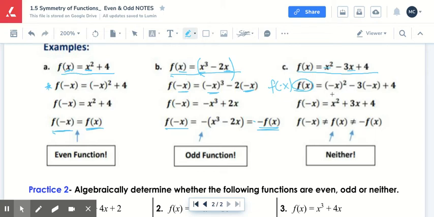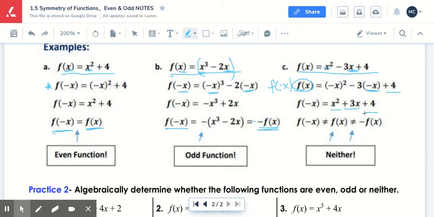When you take a negative x and multiply it by itself, you would get the same thing as just a positive x squared. Here we replace this x with a negative x, and then the calculation there would be a negative 3 times the negative x. Again, negative times negative is positive, so that would be the same as saying plus 3x. And then this plus 4 had nothing to do with x at all, so it's just going to get carried down with this step.